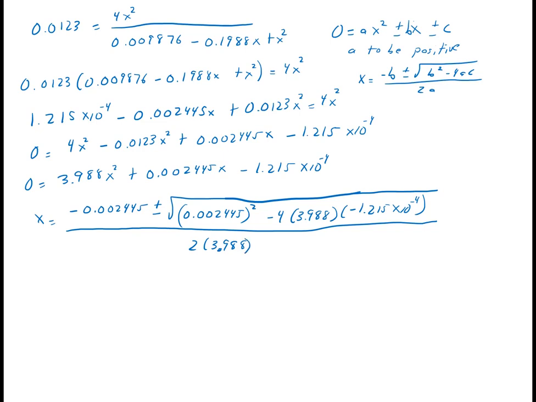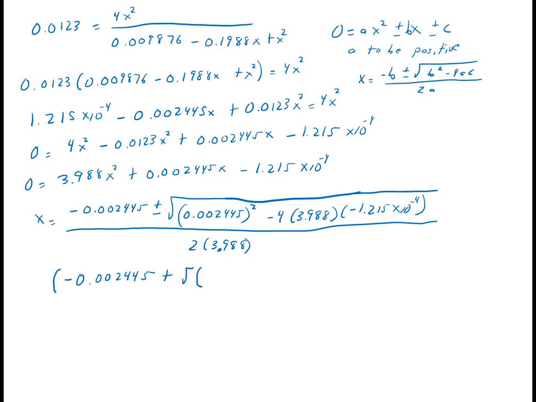Now, you can work it in steps if you want to, but you're more likely to have mistakes and rounding errors. You can enter this all as one big calculation, which I like doing because then the difference between the plus and minus is just going back with second entry and changing one sign. The way to enter it into your calculator is parentheses, negative, not minus, but negative 0.002445 plus square root sign. Now, depending on your calculator, some of them automatically put this parenthesis, others don't.